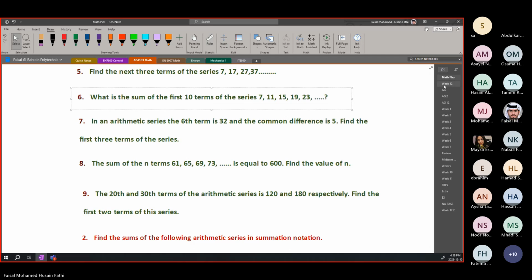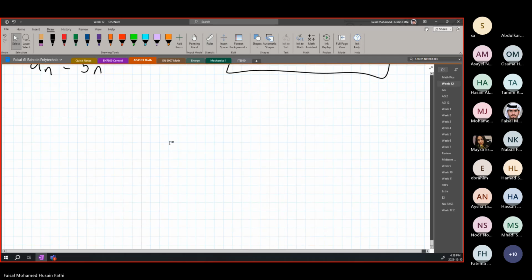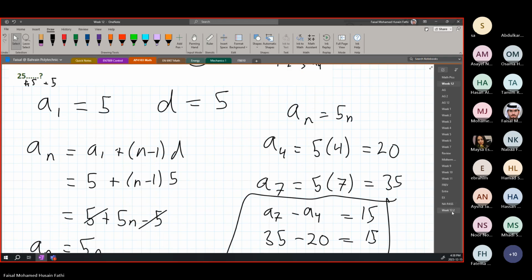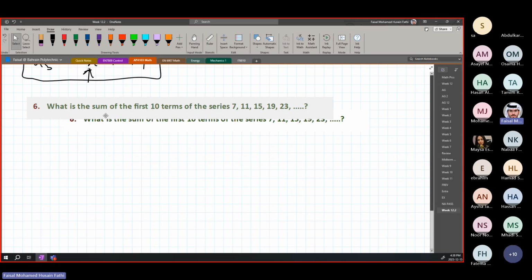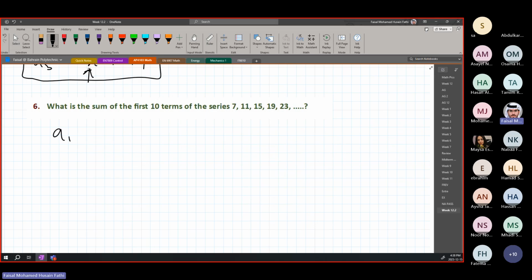Let's solve it. So as you guys already said, A1 is equal to 7. The common difference is equal to 4. Simple. What is our n? Our n is equal to 10. It's given.